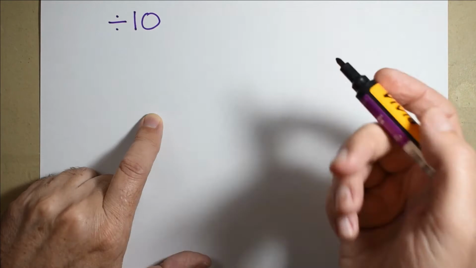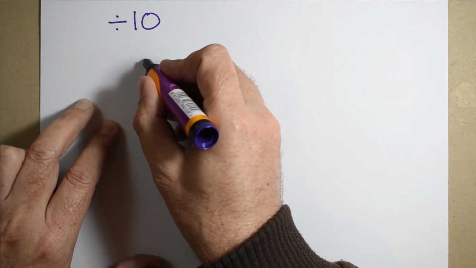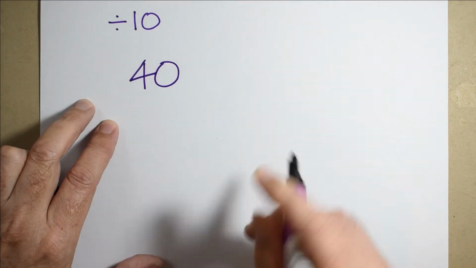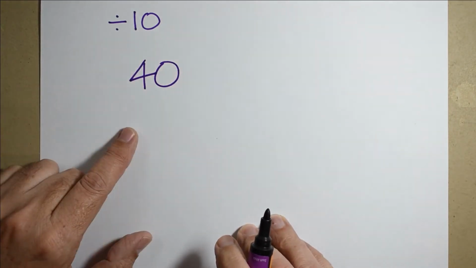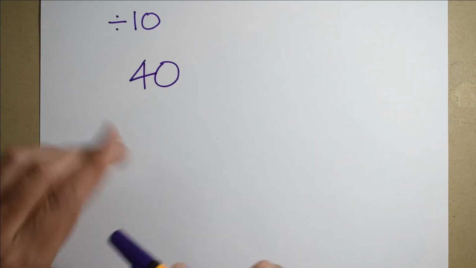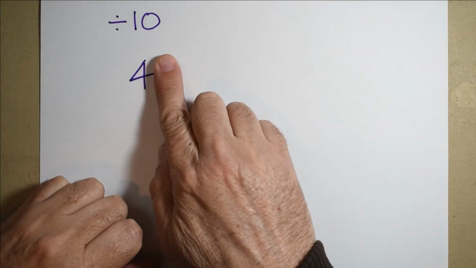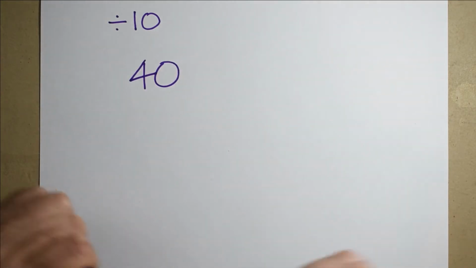So what do I mean by very easy? Well, normally when we divide something by 10, say it's a number like, I don't know, 40, 4 sets of 10, lots of ways to say it, but 4 sets of 10, 40. If we want to divide that by 10, a super duper easy way to think about it is just to cover up the 0. We end up getting our answer that way.